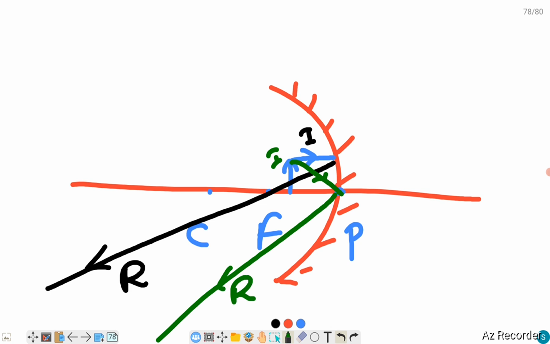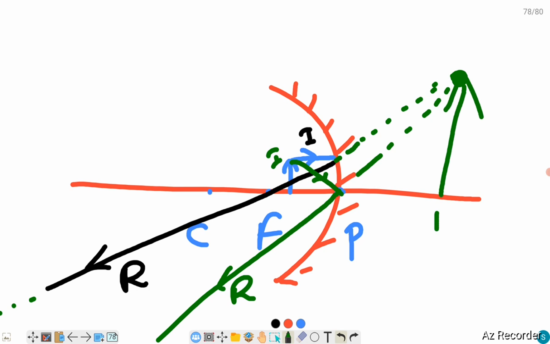Correct? Now if you observe, these two reflected rays are going in different directions, so they don't meet in reality. In this case you have to extend the reflected rays behind the mirror. Now I am extending them behind the mirror, so they meet somewhere here. So join it to the principal axis. This is the image.